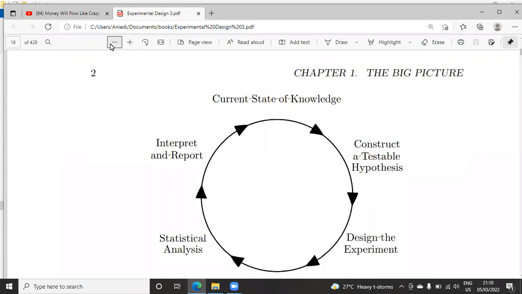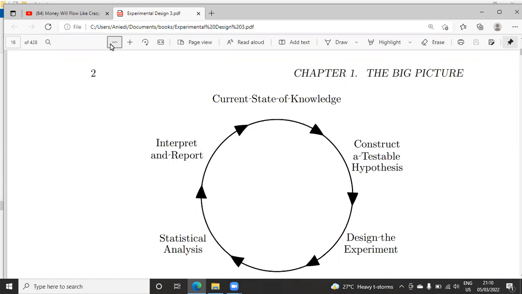All right, this is a cycle of experimental design by this author. So this is your current state of knowledge. You construct a testable hypothesis given a particular question. Like yesterday, we posed some question.